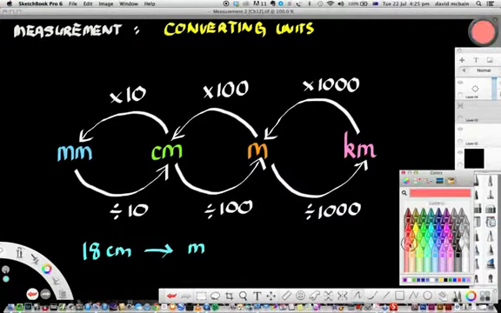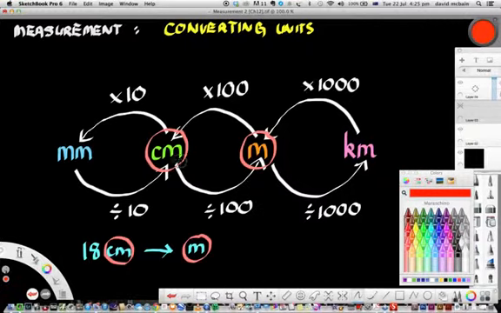So we're starting at centimeters and we want to go to meters. Now we've got to follow the direction of the arrows. We can't jump this way over here. We've got to follow the arrow directions. So to go from centimeters to meters, the only way to get there is to follow this arrow, like that, which means we have to divide by 100.